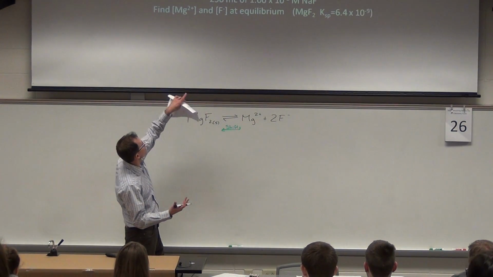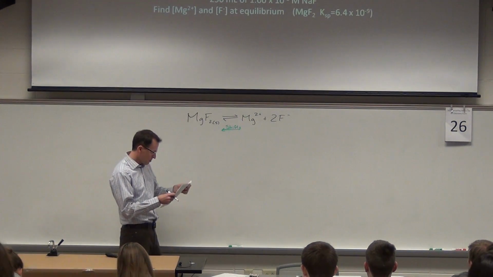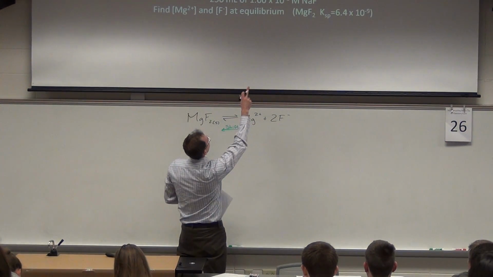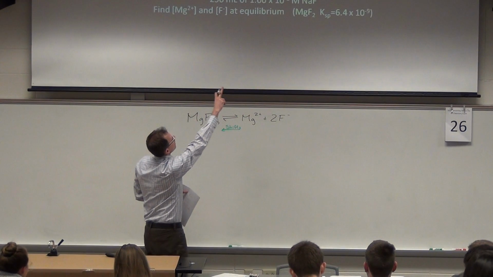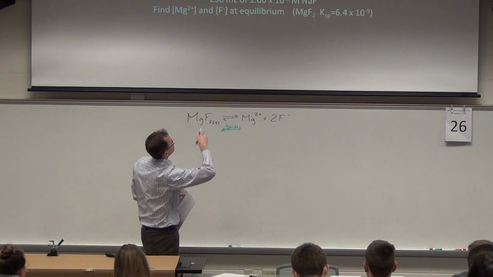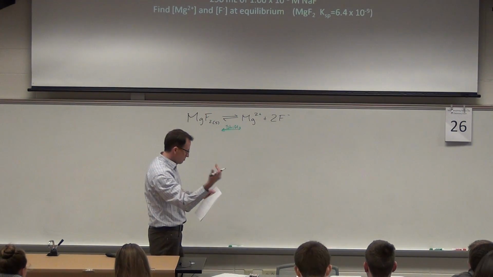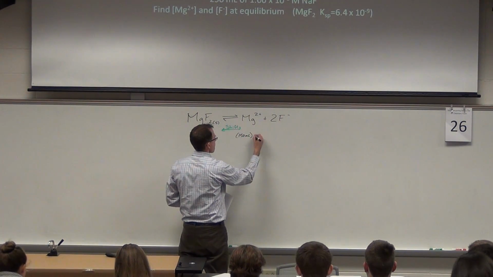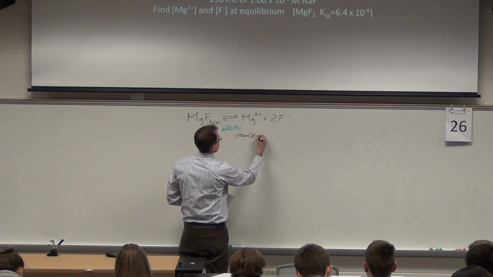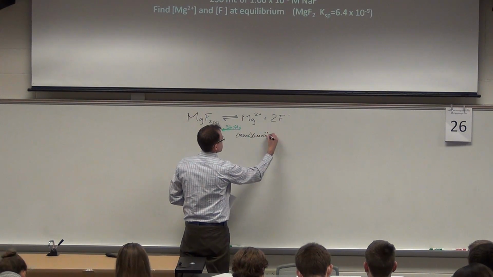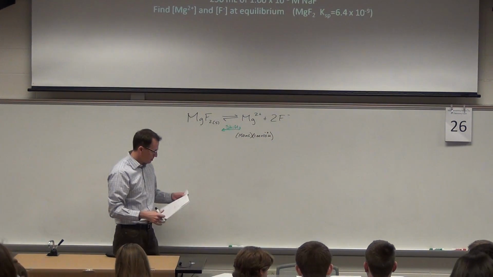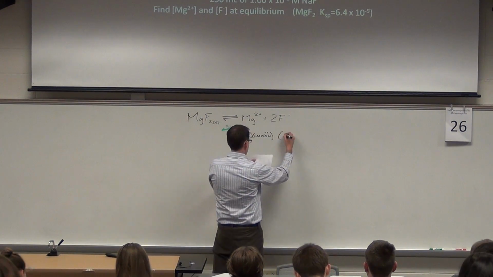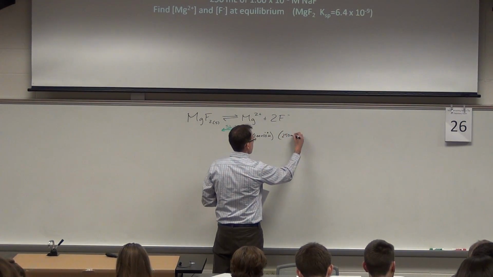I'm going to plug in the numbers that I have, and I already have them kind of right here. So from the magnesium nitrate, I have 150 mL and 1 × 10⁻² molar. So I need to find out the number of moles of each of these. And then the fluoride, I have 250 mL.